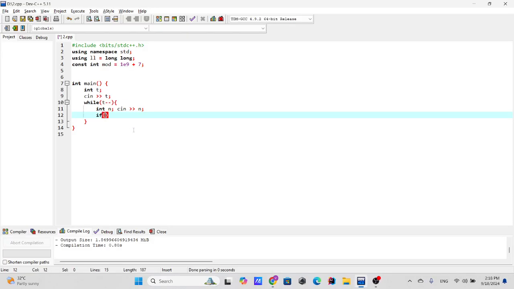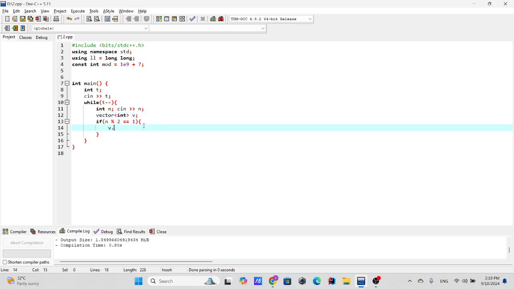Okay, if n modulo 2 equals 1, then let's create a vector v here, which will store all our numbers. v.push_back(0), right?